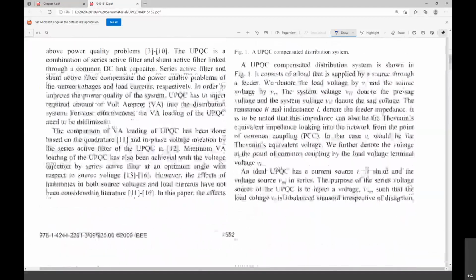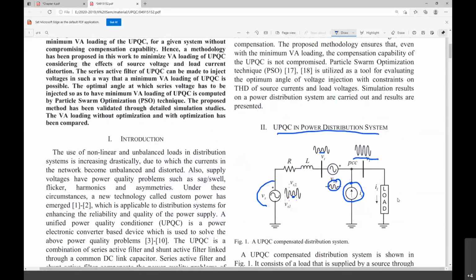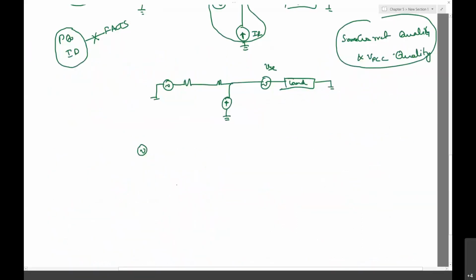Basically, while doing this sort of simultaneous improvement, there should be a power balance. Power balance in the sense that, as we know, when you are compensating by your series active power filter, you are injecting some voltage.